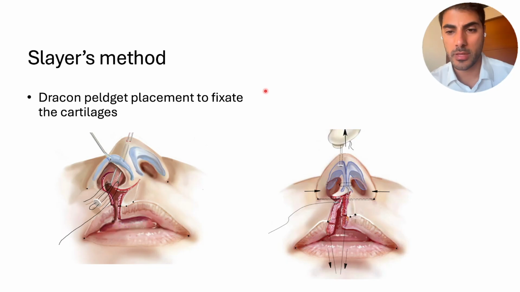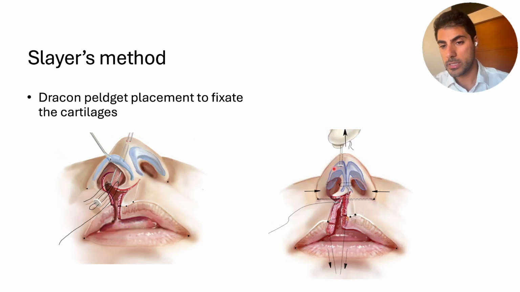So this is Slayer's method. What he does is he inserts a dragon velvet suture. As we can see here, this allows him to raise the depressed cartilage.